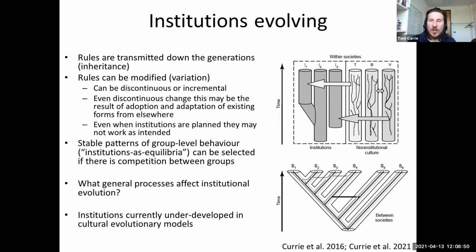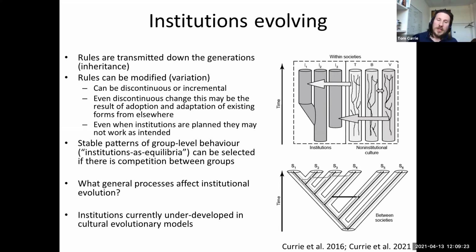So if there's competition between groups, and some group-level behaviors enable groups to outcompete other groups, then those are the features that will spread and become more common over time. So rather than being too narrow in this conceptual mapping between biological evolution and institutional evolution, we can ask more generally what the actual general processes are that affect institutional evolution.